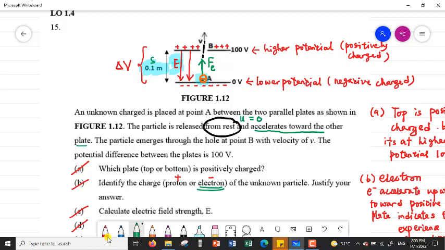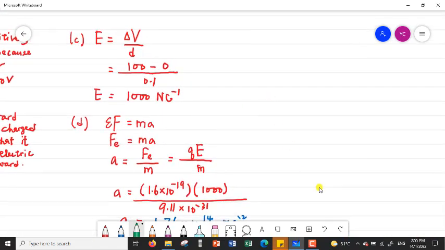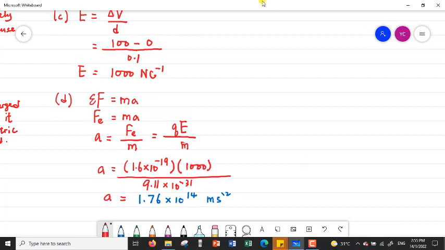The acceleration experienced by the particle is already determined from question D. So it's doing straight line motion. The charge is doing straight line motion, so we can apply kinematics equations.